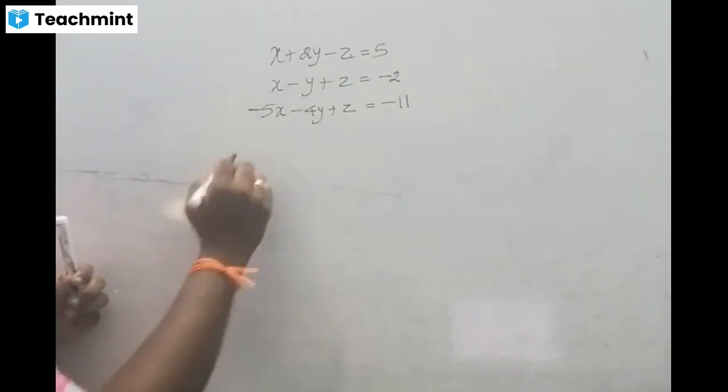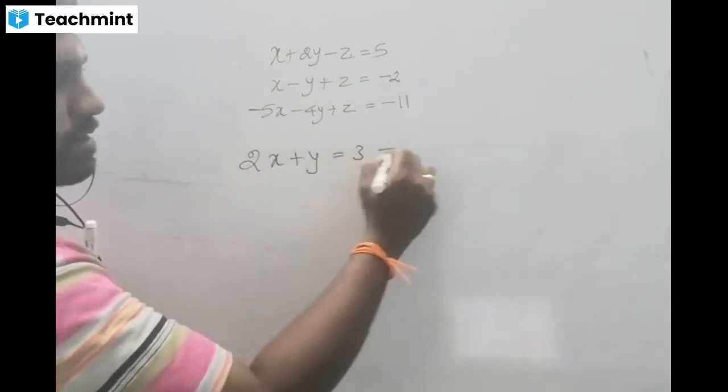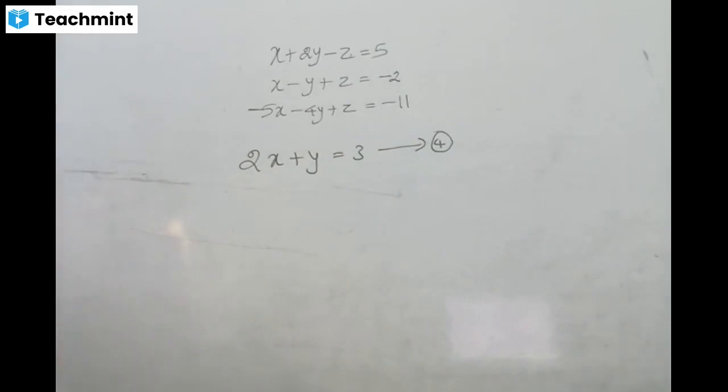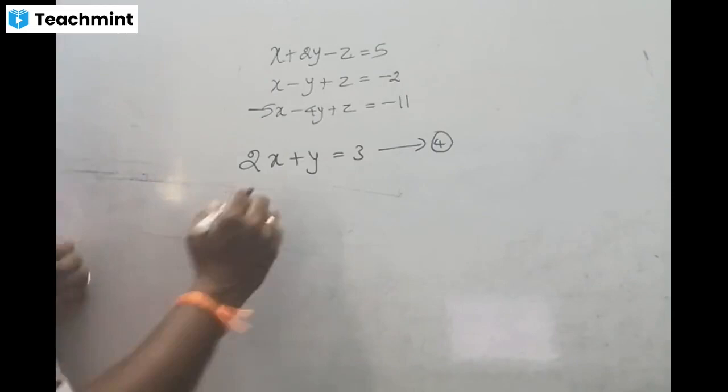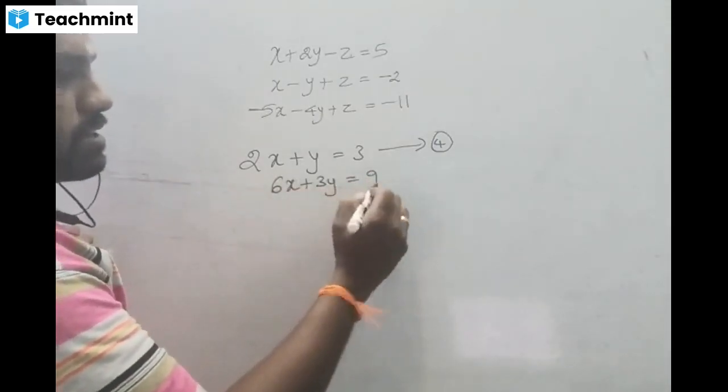So most of you are telling the fourth equation is 2x plus y equal to 3. That is absolutely right. Equation 4. And what about the fifth equation? 6x plus 3y equal to 9.